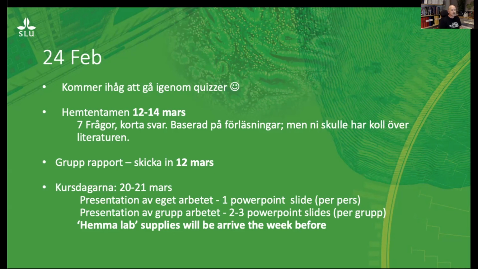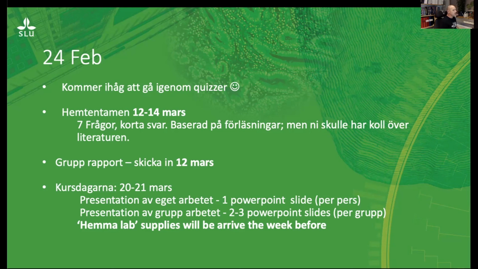That's going to be fairly short. Just prepare one PowerPoint slide going over the interesting aspects of the organism you chose for your work. And then also a presentation of the columns. It'll be interesting to see pictures or even see them via Zoom, and you can have maybe 2 or 3 PowerPoint slides for that.